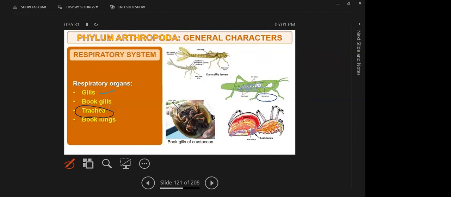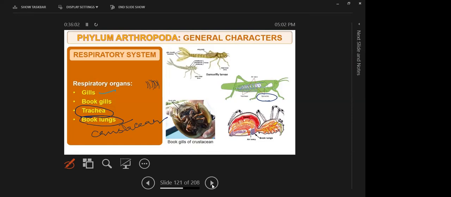Okay, so in some of these crustaceans, aquatic arthropods, there are lungs which are book-like, like pages of a book. They are not well developed like in Pisces, but that is called book lungs in crustaceans, aquatic arthropods. So in crustaceans it is book lungs. That's one type of respiratory organ. Trachea is another type of respiratory organ.